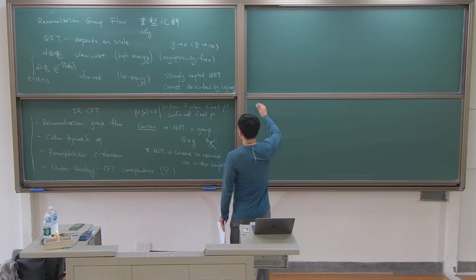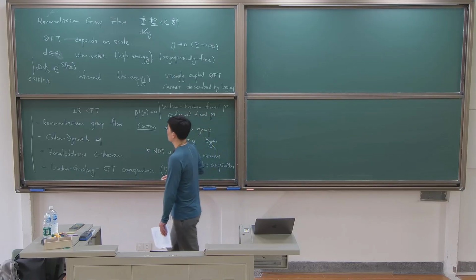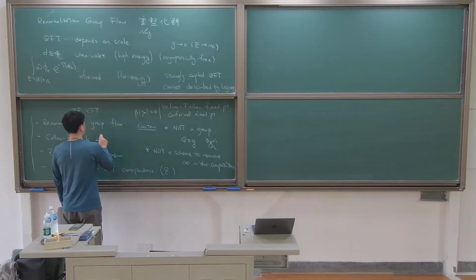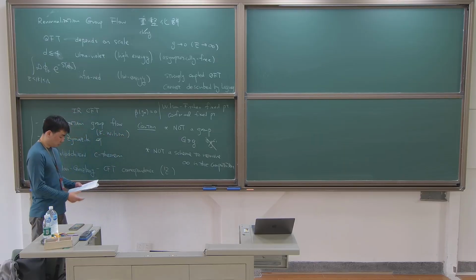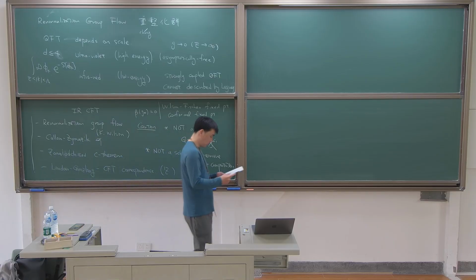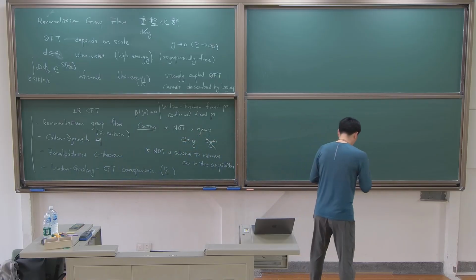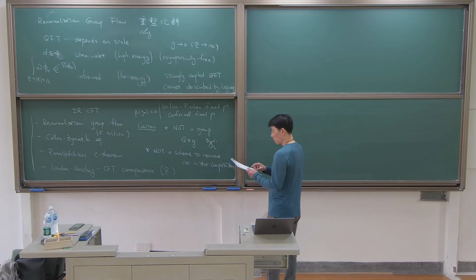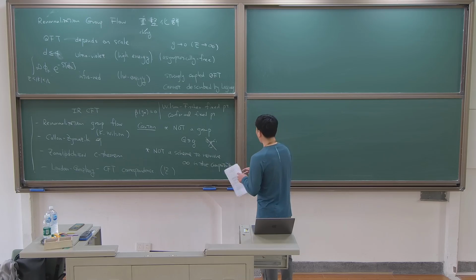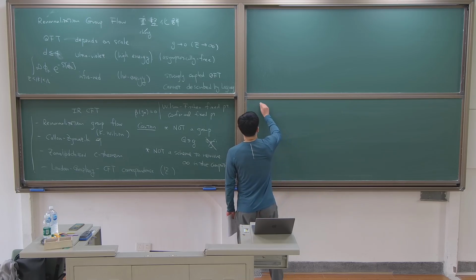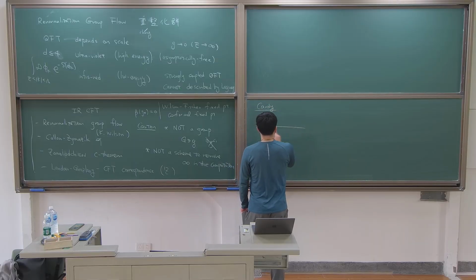The notion of renormalization group flow is given by Ken Wilson. That's what we are going to learn from. And the explanation I'm going to give is the so-called Kadanoff explanation.